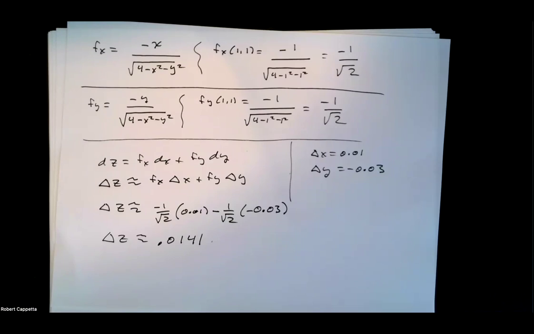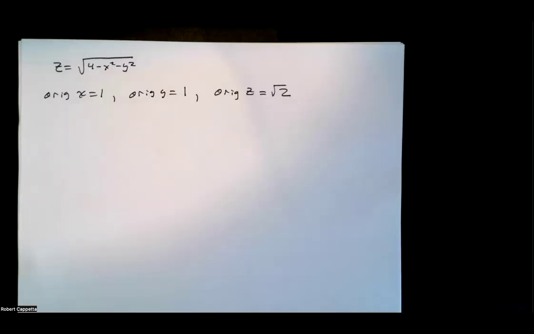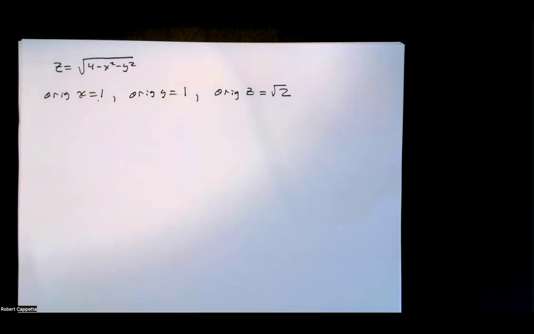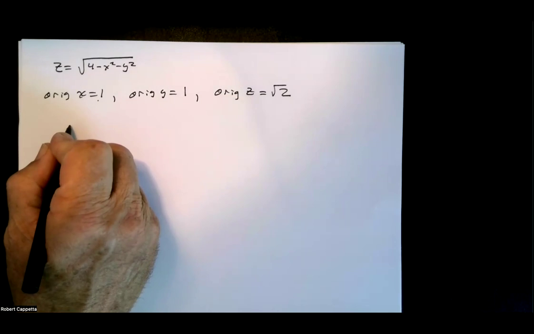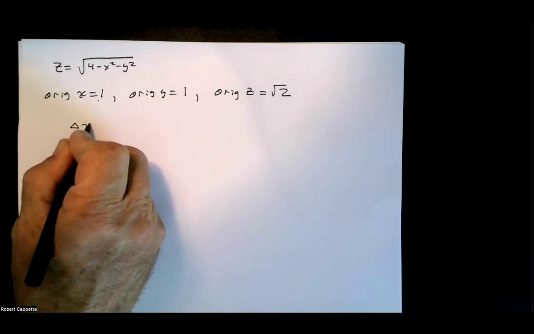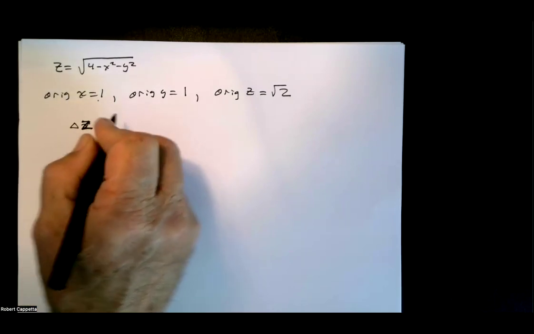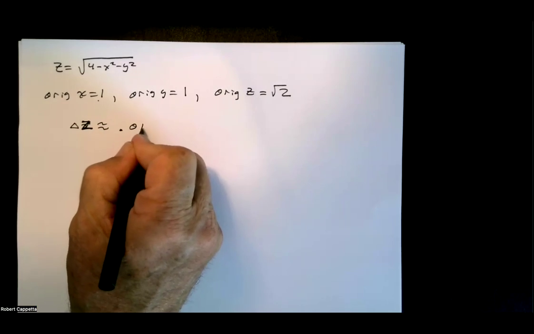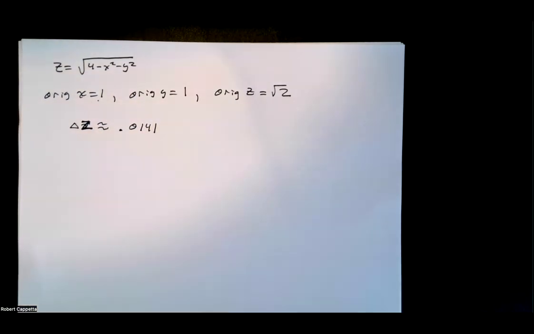So we need to think about what this means. So if you recall, we started at the point where x is 1 and y is 1, and then my original z becomes the square root of 2. Well, we've just said that we believe that the change in z is approximately 0.0141, which means what is my best guess for what that should be?